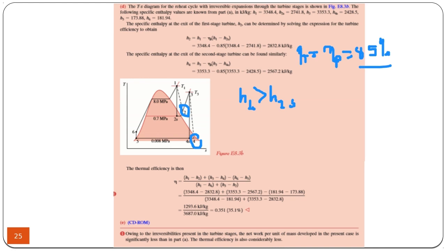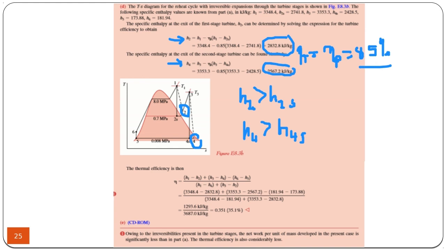Similarly, H4 is going to be greater than H4S, again because of the irreversibilities. So we calculate the actual H2, the exit of the first turbine, and H4, the exit of the second turbine, and we find them to be higher than the reversible cases.